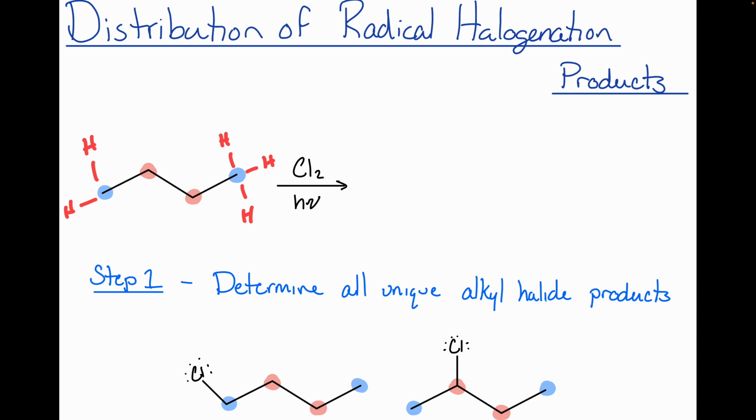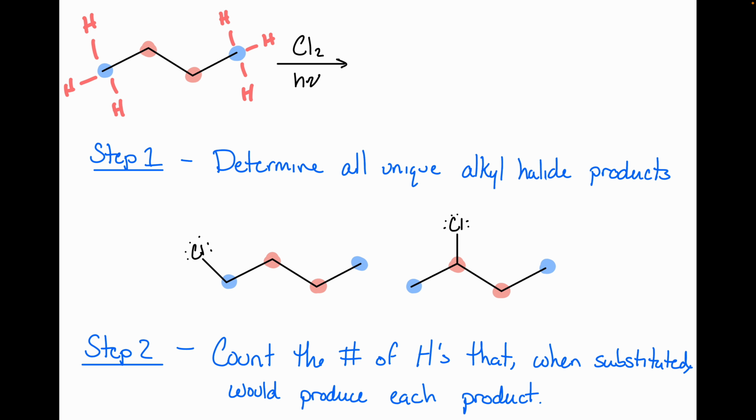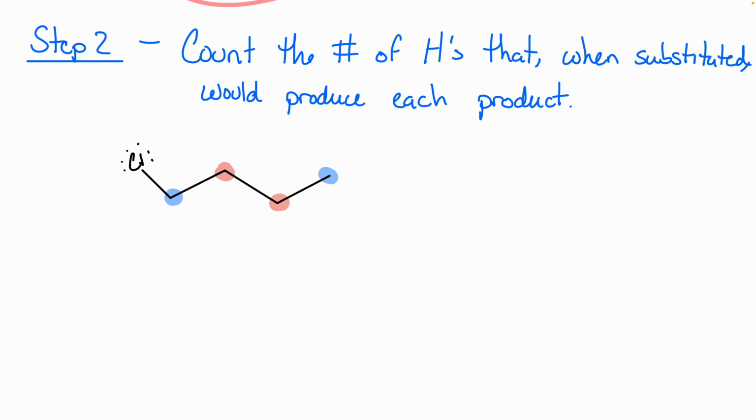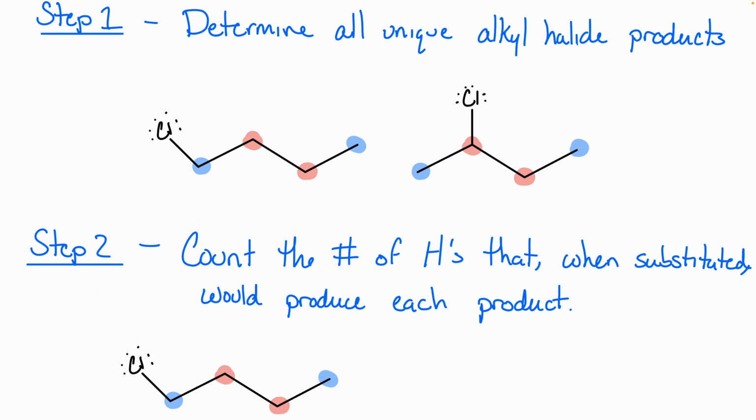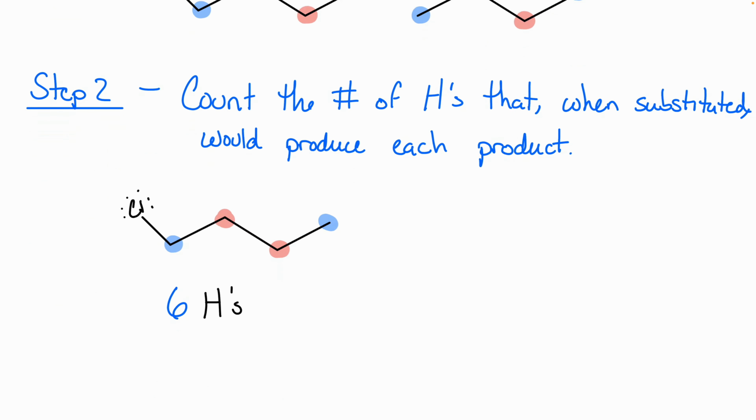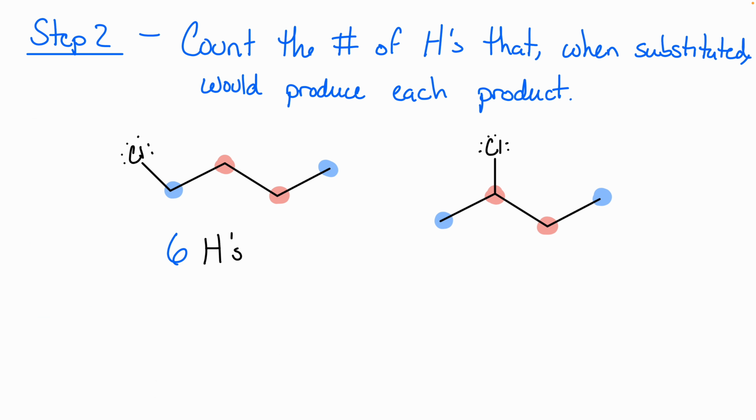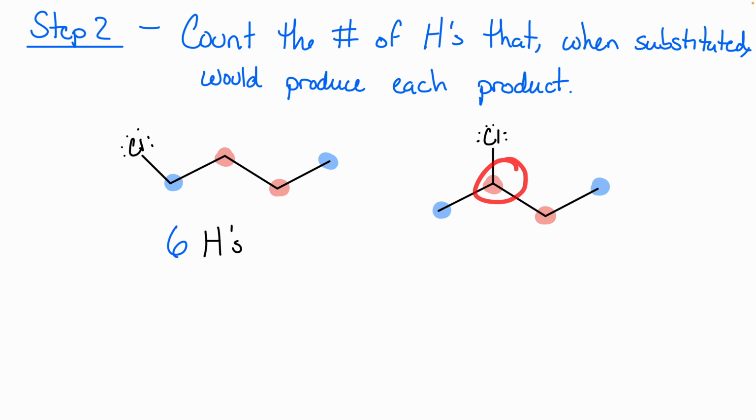Any one of these hydrogens, if they got removed, would give me that 1-chlorobutane product. So for this product here, there would be 6 hydrogens that I could remove in order to get my 1-chlorobutane product. What about over here? How many hydrogens would give me my 2-chlorobutane product? 4. 2 from that one red carbon, 2 from the other red carbon. So 4 hydrogens.